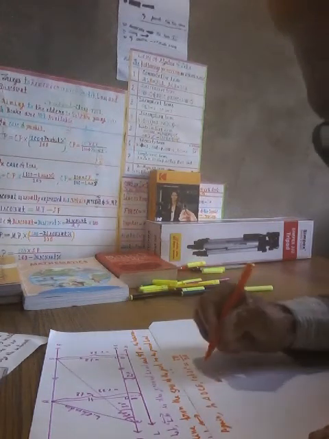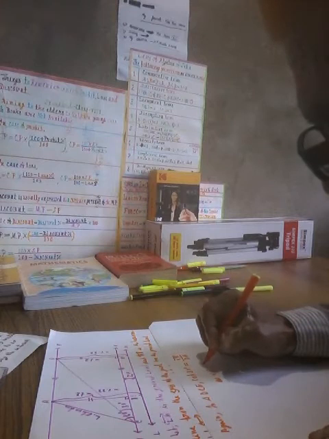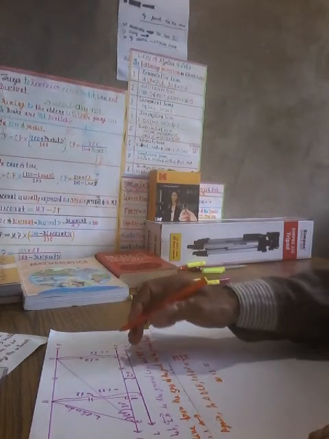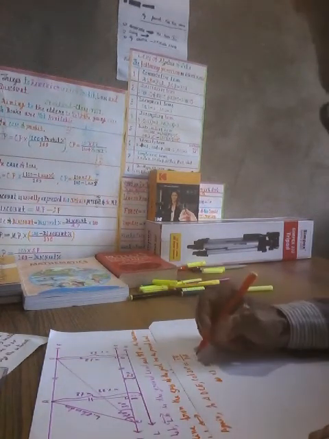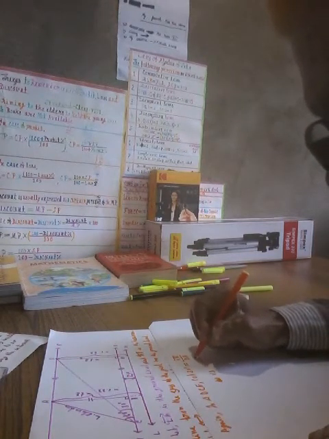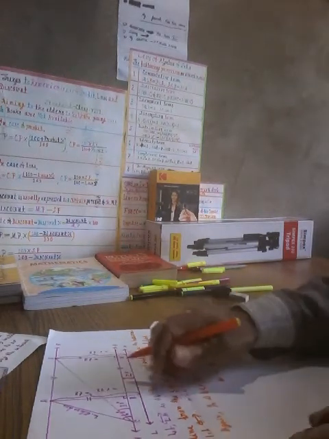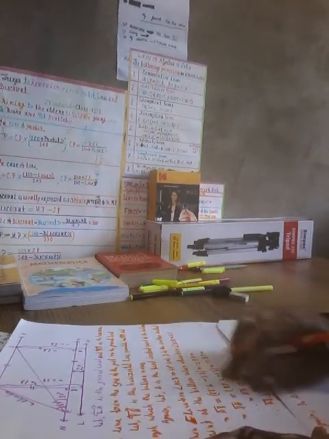This implies cot 30 degree equal root 3 is CE by, in place of DE you just write 87 meter.